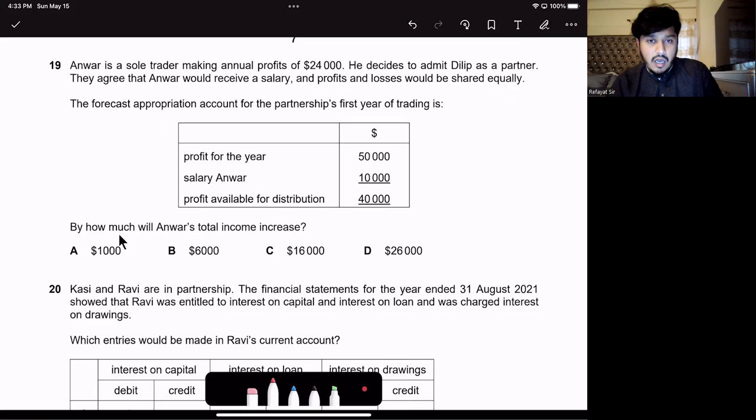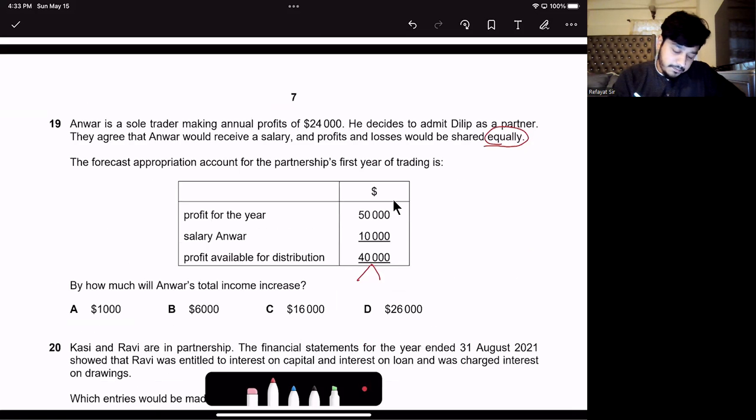Okay. How much will Anwar's total income increase? They are going to share their profit equally. So the residual profit, $40,000, will be distributed equally between Anwar and Dilip.